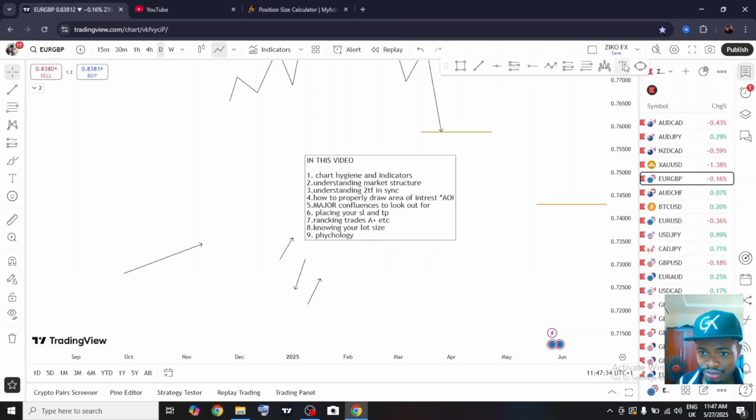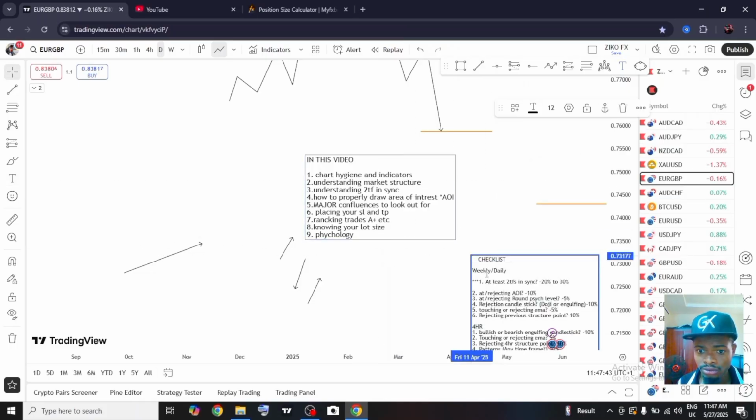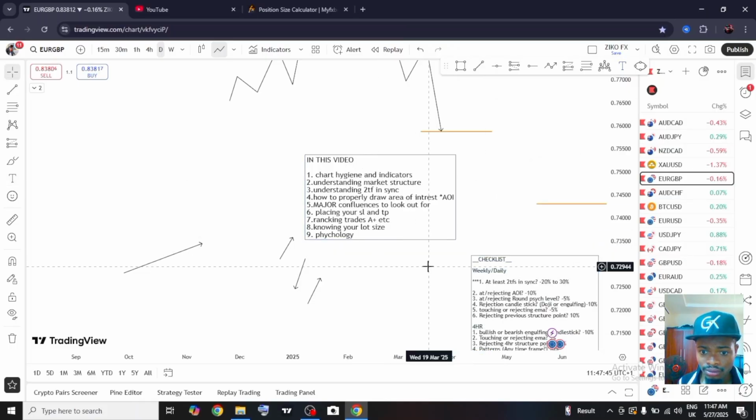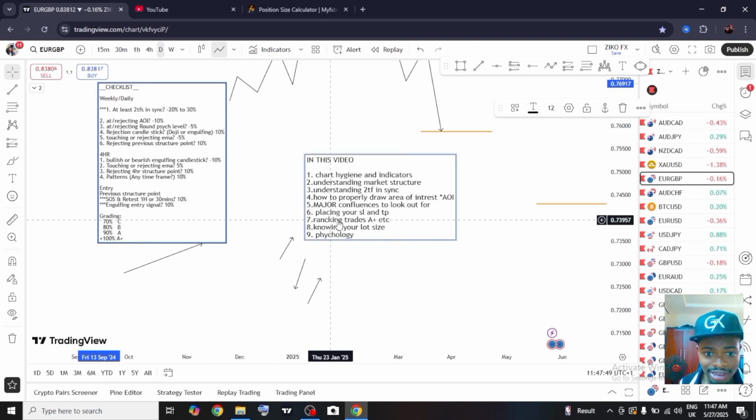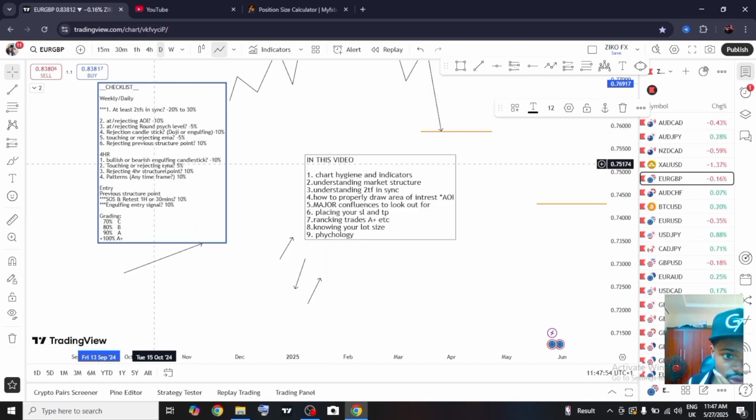Now, there are quite a number of things you are going to be looking out for, right? As you can see, this is a checklist. We are going to be covering it at number 7, right? But these are the things you are usually supposed to be looking out for. Looking at whether price is rejecting the area of interest.